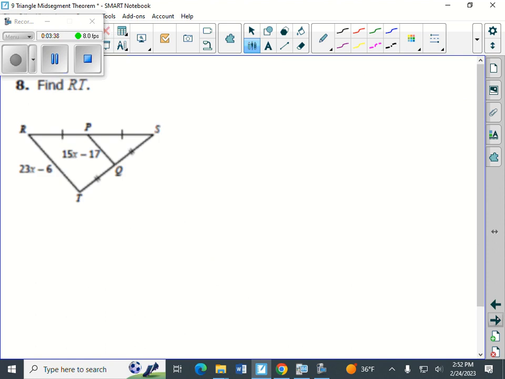Same kind of idea on problem number 8. We want to find the measure of RT. So PQ here is our mid-segment. We know that with our tick marks here and here, and here and here. So when we set this up, 15x minus 17 equals 1/2 of 23x minus 6.